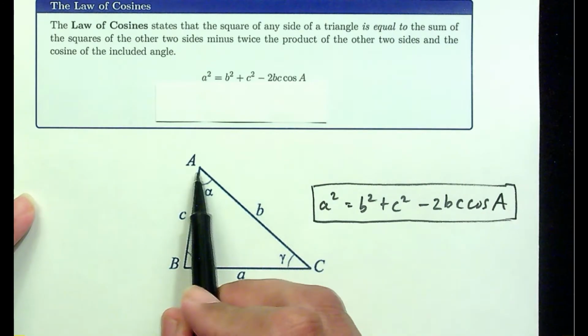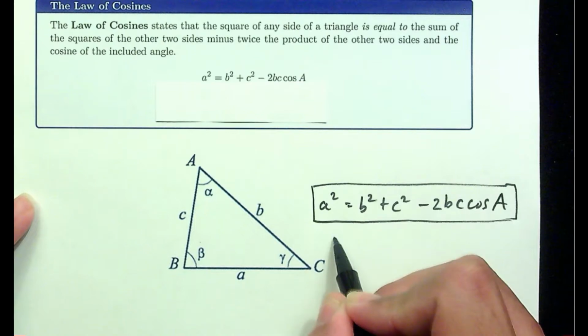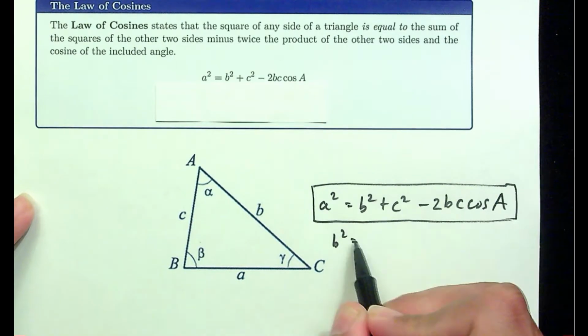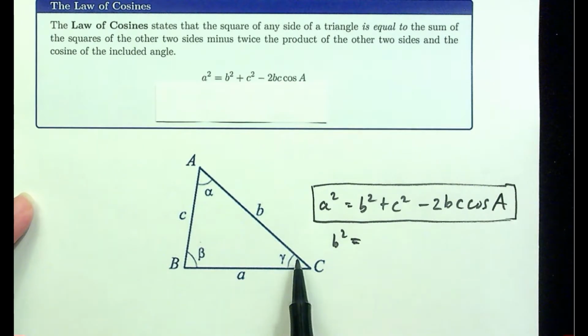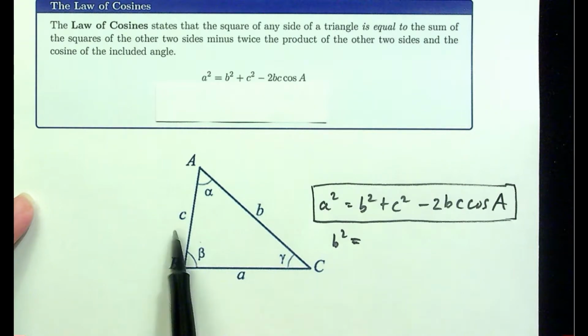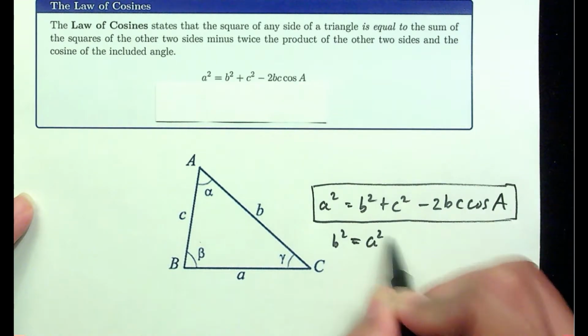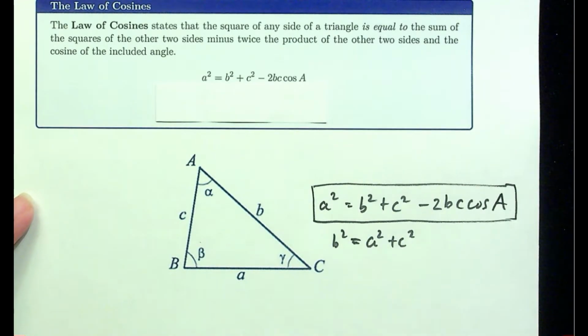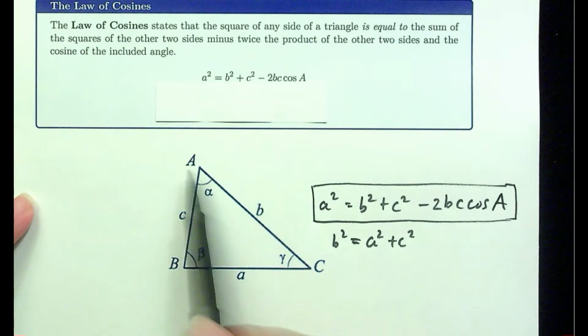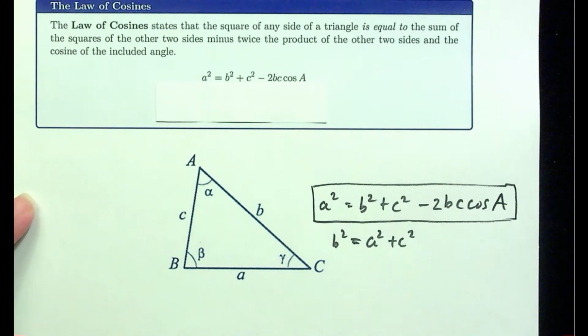It would say that hypotenuse squared, so b squared, equals this side squared plus that side squared. If this was a right triangle and this was a hypotenuse, that would be correct. However, this is not a right triangle, so you need to fix this because this is wrong.